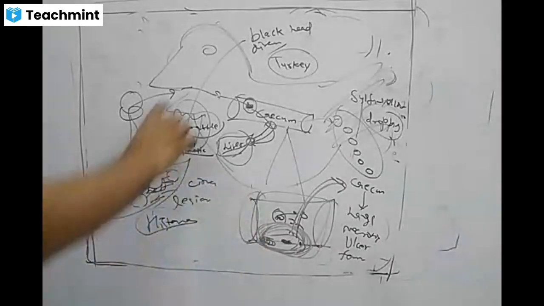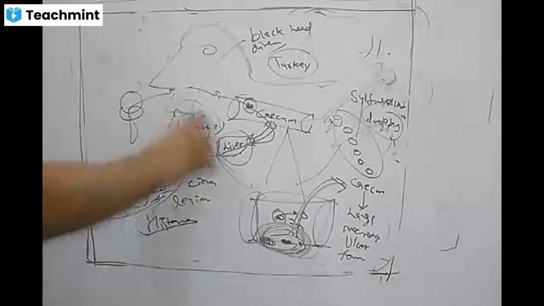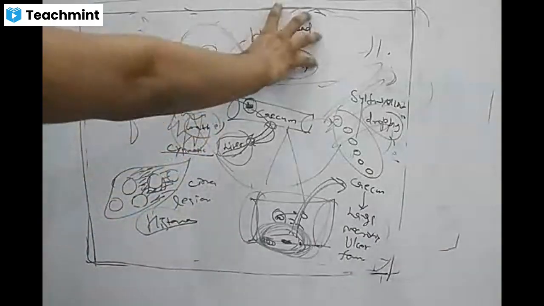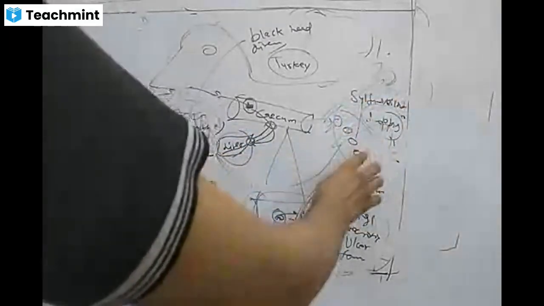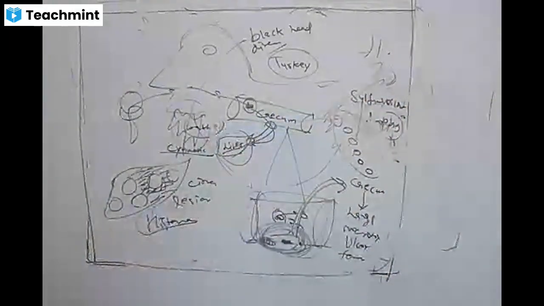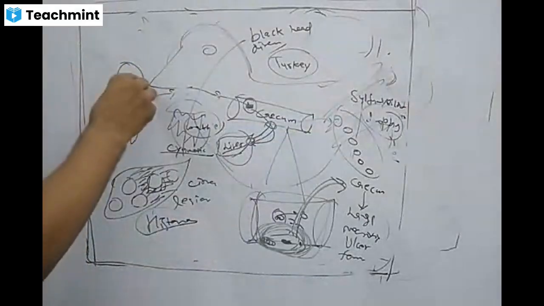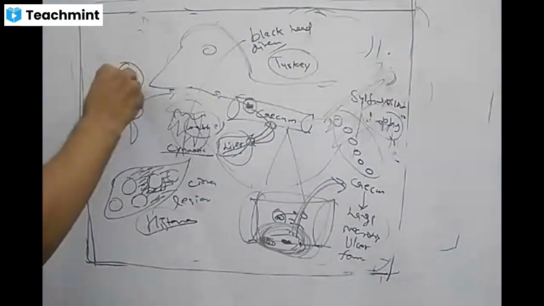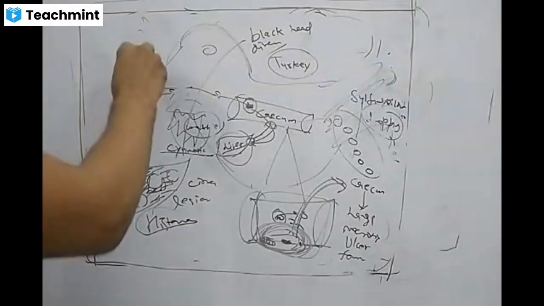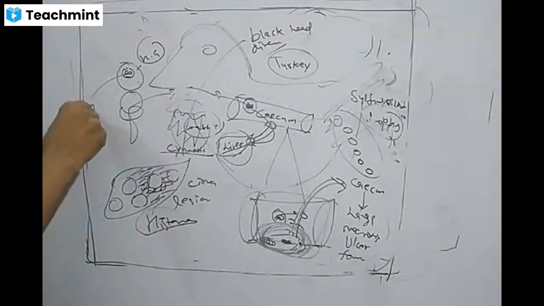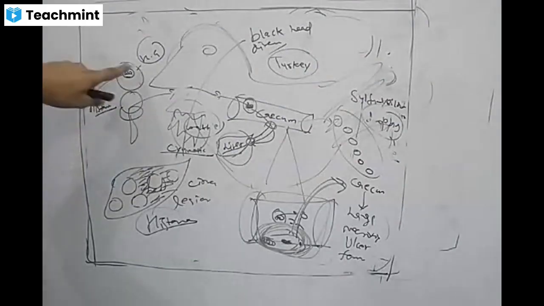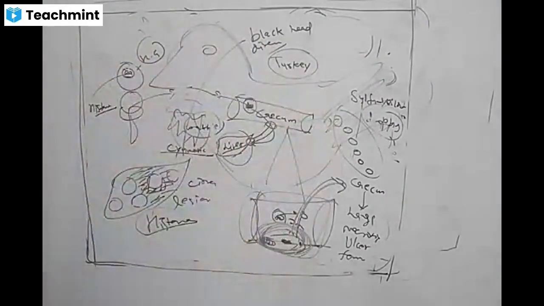Third thing, wattles and skin become cyanotic, we call it blackhead disease. Then the droppings are sulfur yellow color. And the fourth thing, what it was eating: the egg of the cecal worm Heterakis, which contains inside it the Histomonas protozoa. So this protozoa is present within the egg of the worm. So this is the cycle of Histomonas.